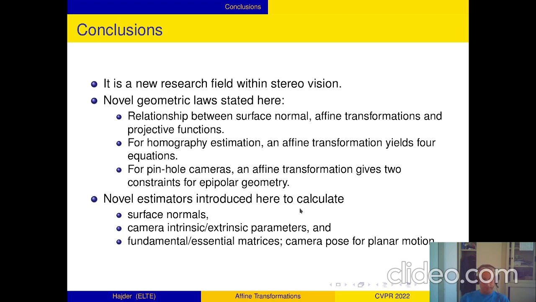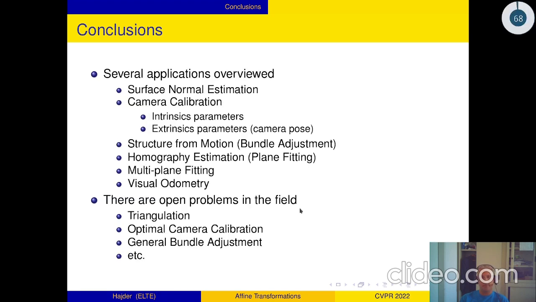And here we have overviewed several novel estimators for estimating the surface normals, camera parameters, fundamental and essential matrices, and pose for planar motion, and several application areas and examples have been overviewed. We visualized how the surface normals can be obtained, for structure from motion, bundle adjustment, the result of a bundle adjustment, and a novel bundle adjustment algorithm has been overviewed. We have shown a video for the odometry problem.